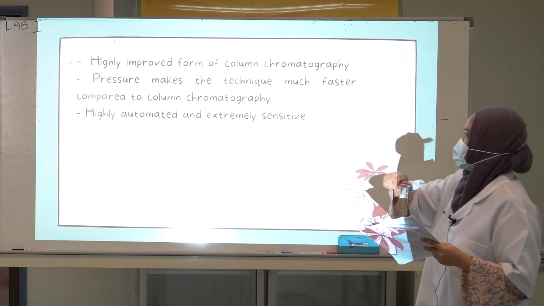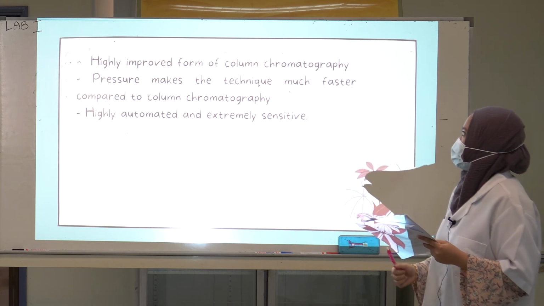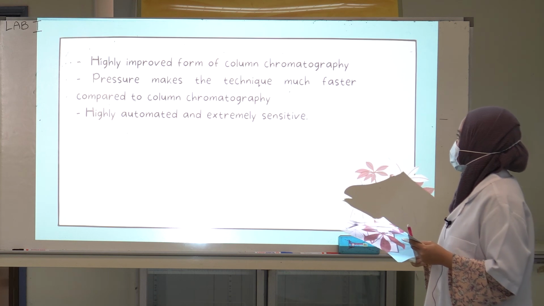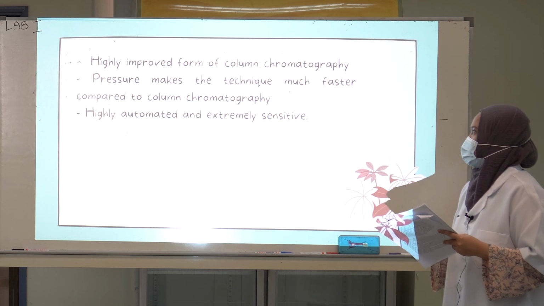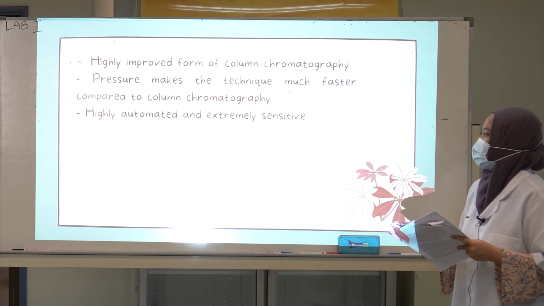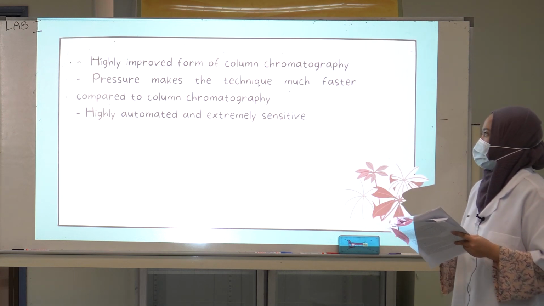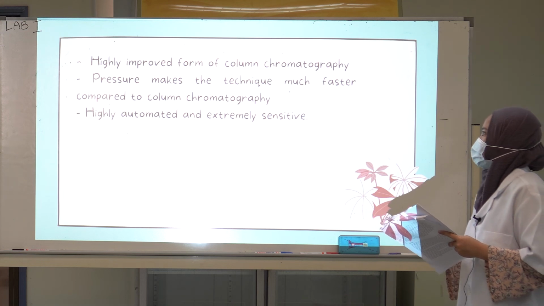This HPLC is a highly improved form of column chromatography. The pressure makes the technique much faster compared to column chromatography, and HPLC is also highly automated and extremely sensitive.